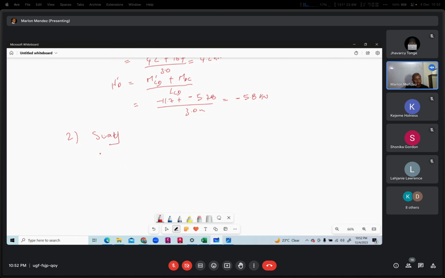We're going to choose M sway, which is minus 10. That is our assumption, and we're going to use this to find x, the correction factor.